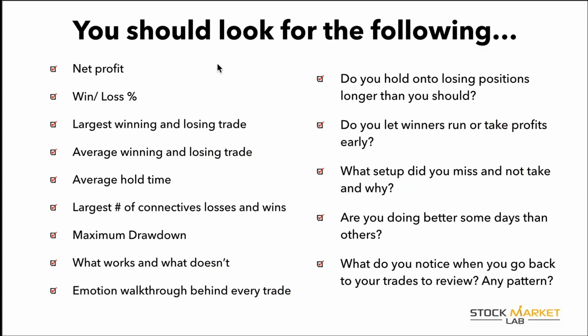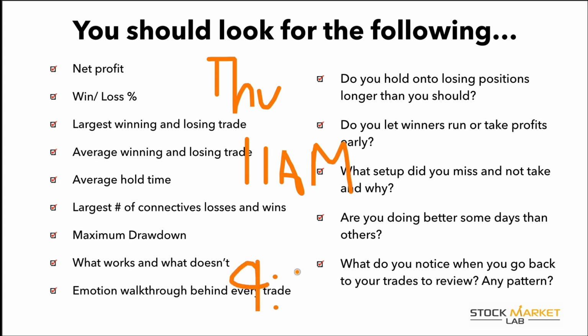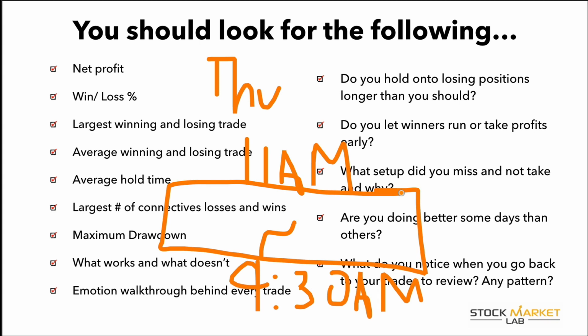Maybe sometimes on, let's say, Thursday, you have work at 11 a.m. or you have college at 11 a.m. Market opens at 9:30 a.m. Eastern Standard Time, and in your head, you start forcing trades because you're like, I only have an hour and a half window.